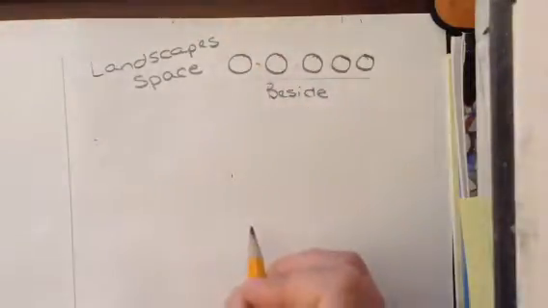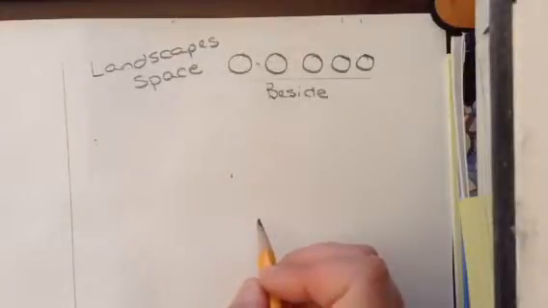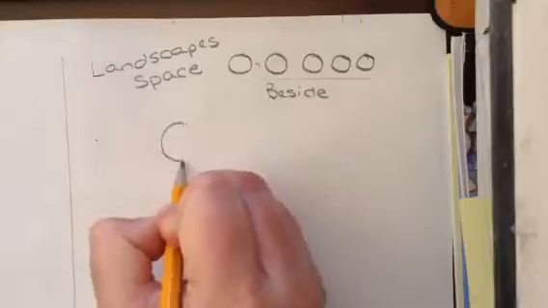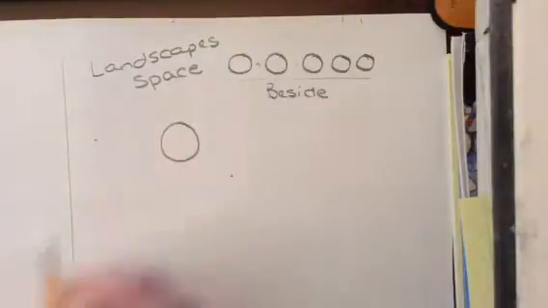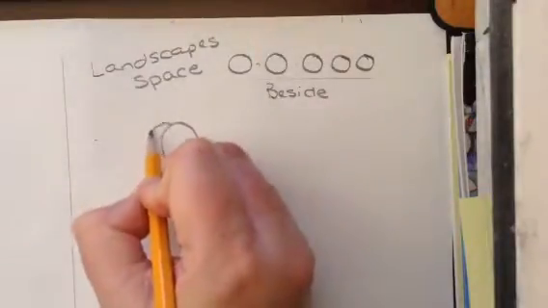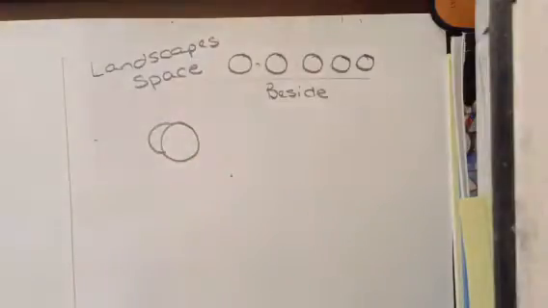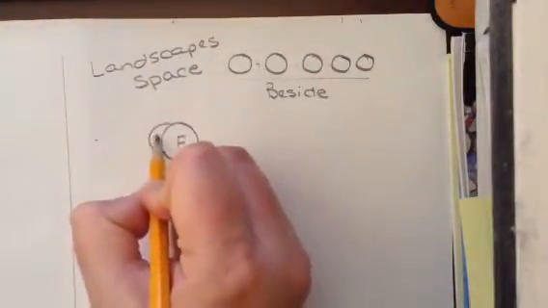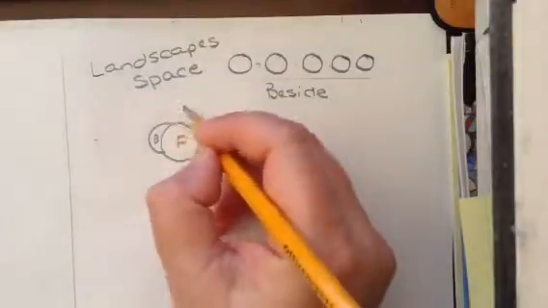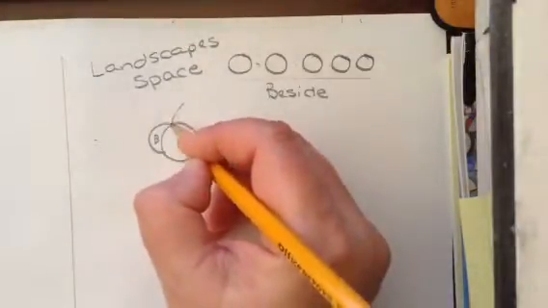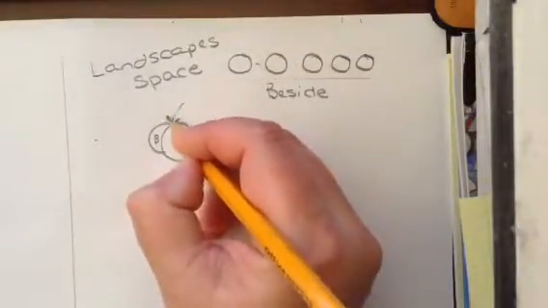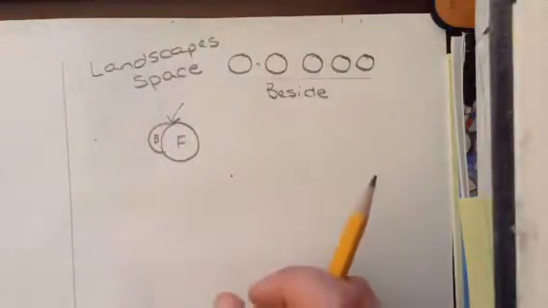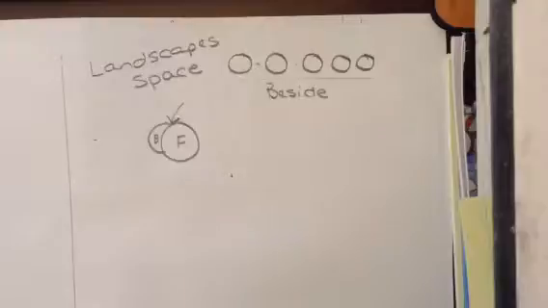If we want to make something look like it's behind something, we would first draw this, and then we would draw an arch line behind it, and now it looks like this one is in the front and this one is in the back. It looks like there's space in between those two objects, but there's really not. It's just a trick that we use in art.